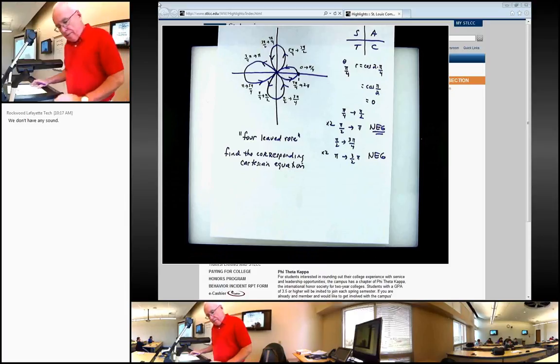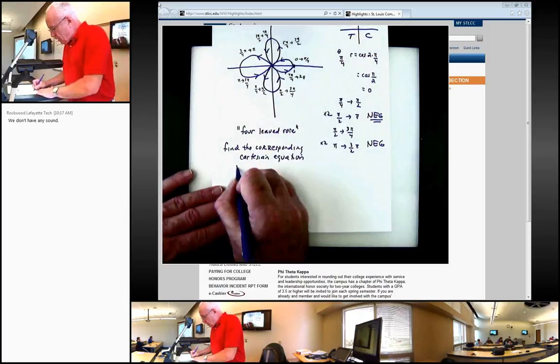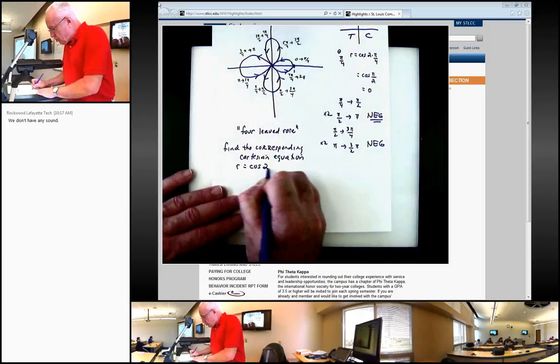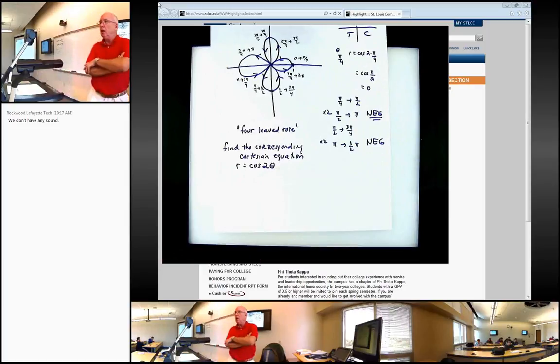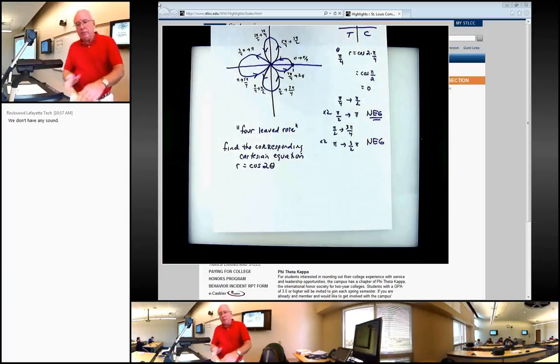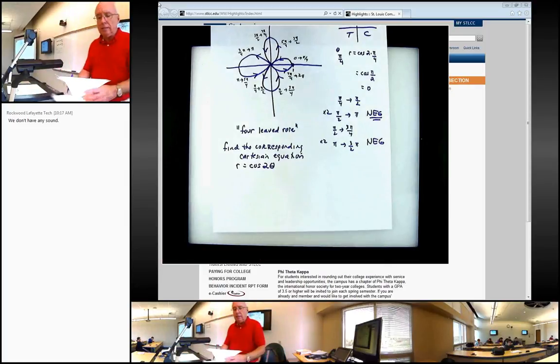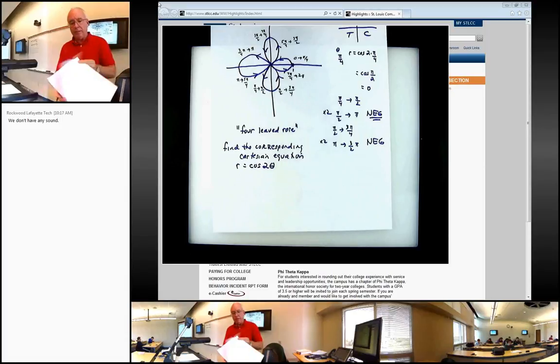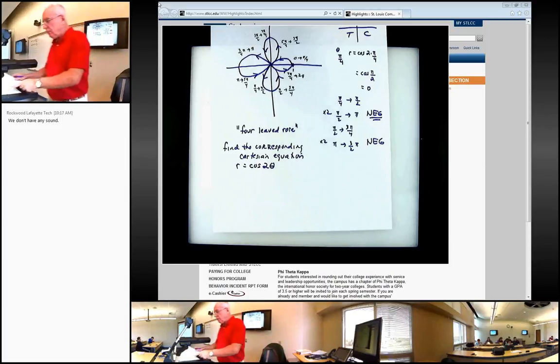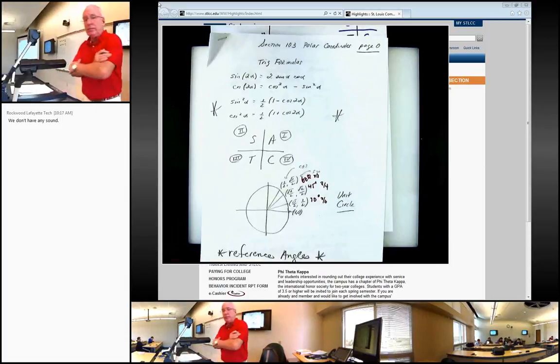What do we have? We're starting with r equals cosine of 2 theta. So remember, there were some formulas that I said you need to make sure you remember for this section, and we had given those the last time.